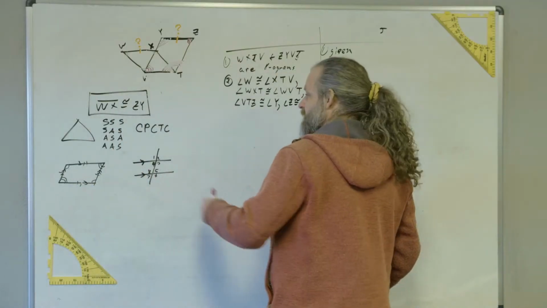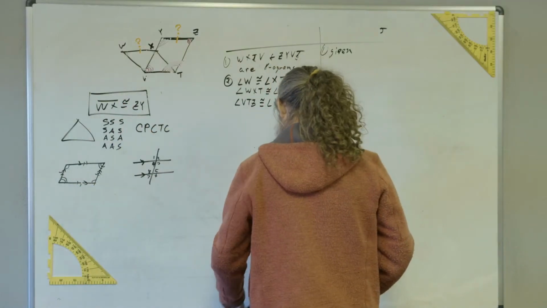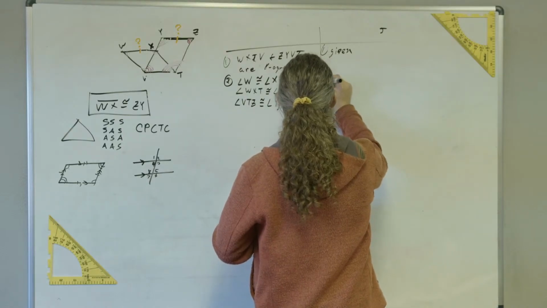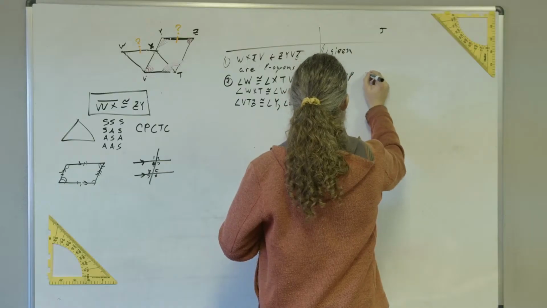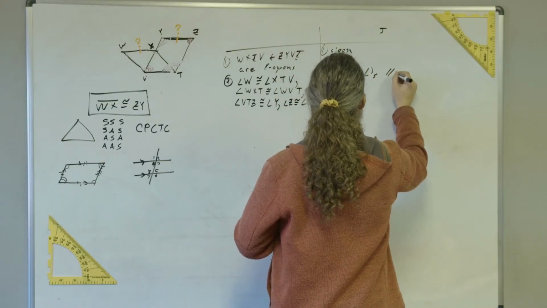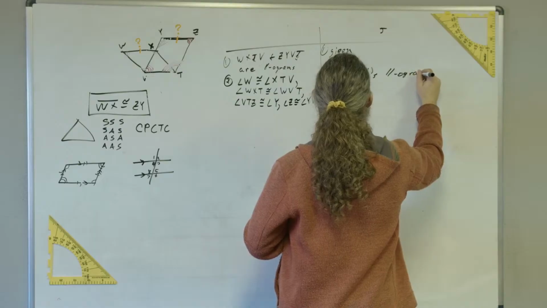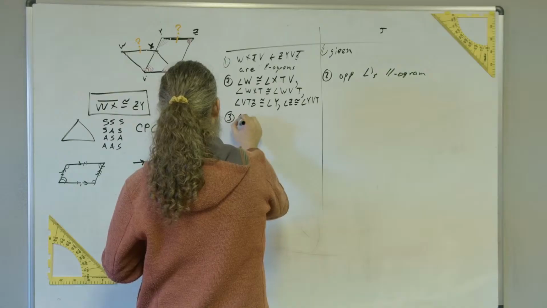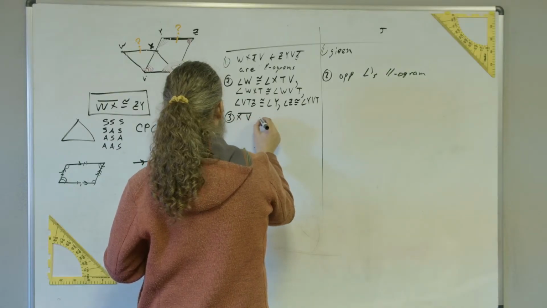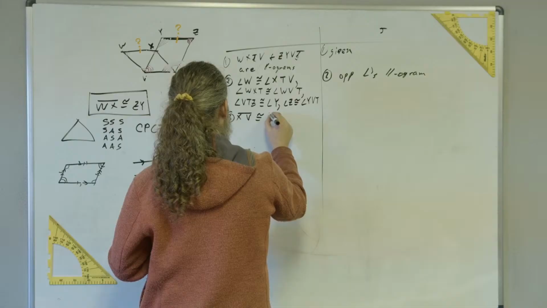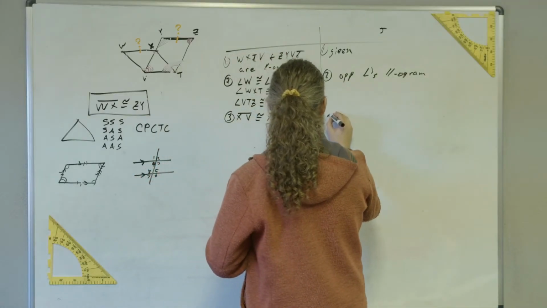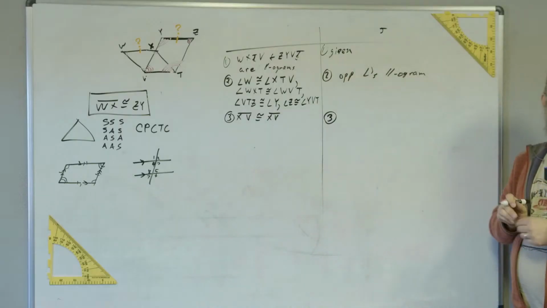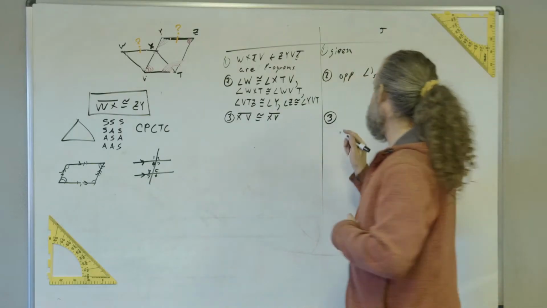They share that, which is going to give us an S for this. That might be useful. XV is congruent to XV. What is the reason for that when something's congruent to itself? Reflexive property.